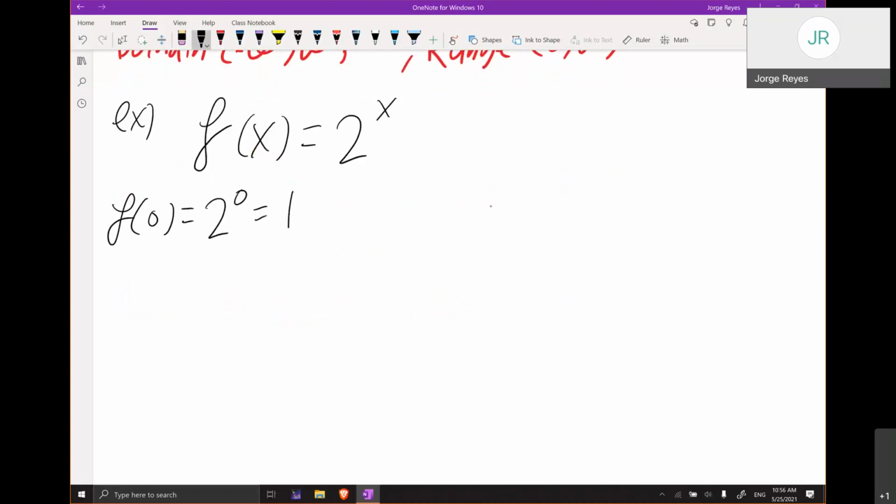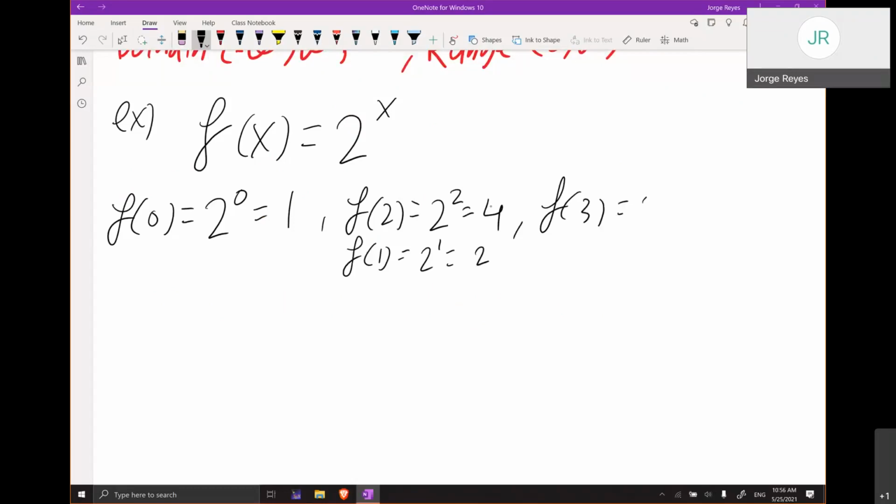Then I plug in 2, and I get 2 squared, which is 4. F of 1 is 2. F of 3, 2 to the power 3, is 8. F of 4, 2 to the power 4, is 16.